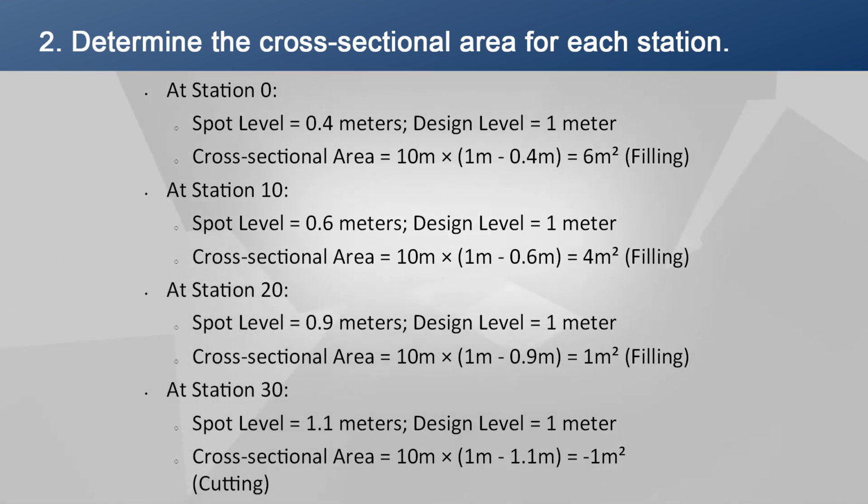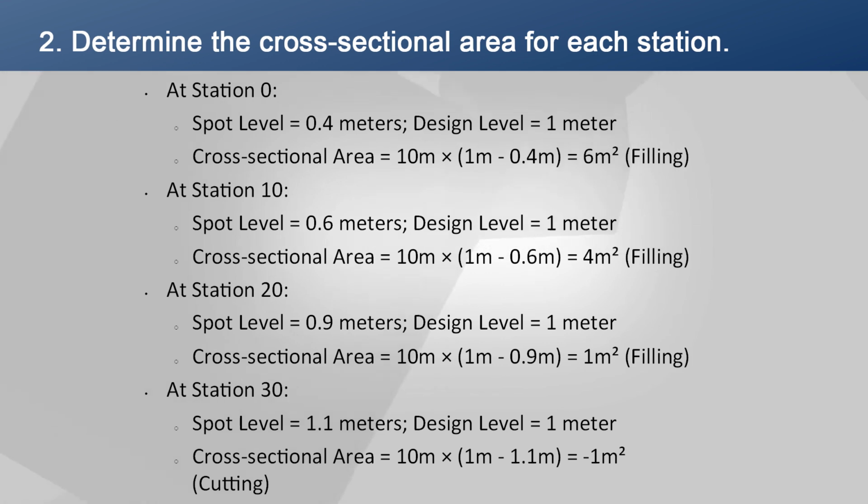Here width of the road is 10 meter, average spot level is 0.4 meter, design level is 1 meter. So, area will come out to be minus 6 square meter. Again minus denotes filling. At station 10 meter, spot level given is 0.6 meter, design level is 1 meter. Using the similar formula, it will come out to be minus 4 square meter. Again minus denotes filling.